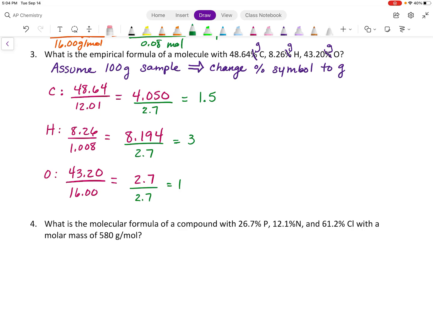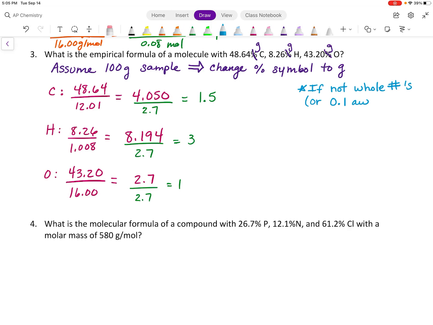So I'm going to give you a little rounding suggestion or rule here. If we don't have whole numbers for each one of those ratios, or if it's not 0.1 away from the whole number, excuse me.